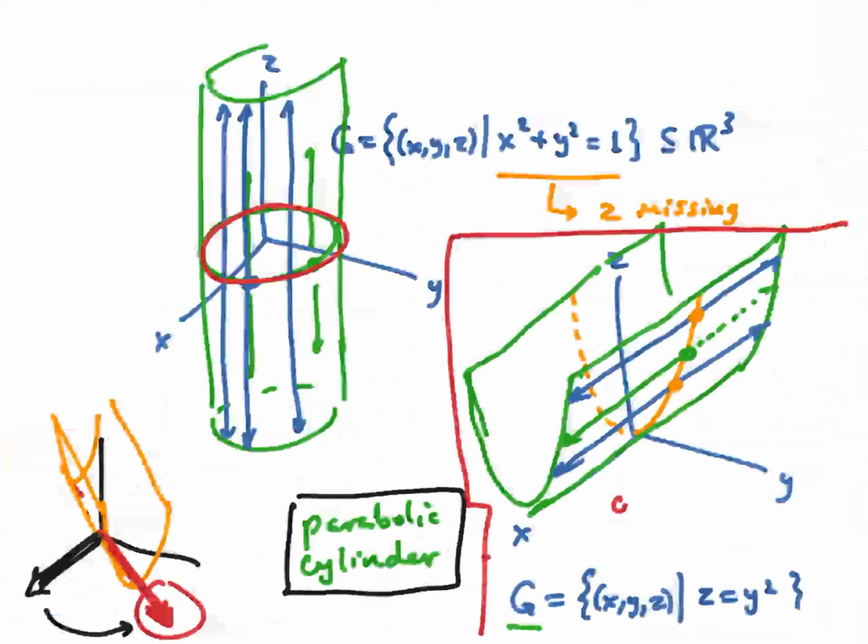Yes. It's parabolic with respect to the z-axis, because z is being expressed as a quadratic function of another variable, namely y. So what you really have is a certain two-dimensional parabolic set, which is this yellow parabola, and then that is being dragged in some third perpendicular direction, namely the x direction.